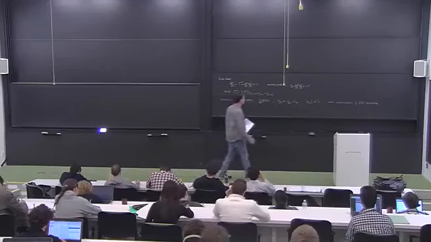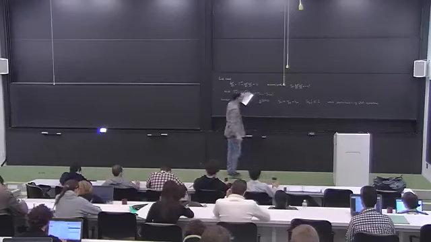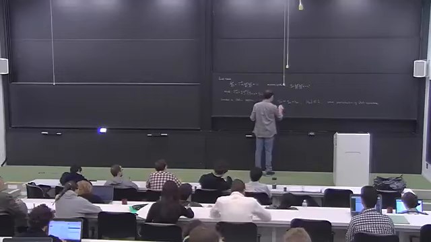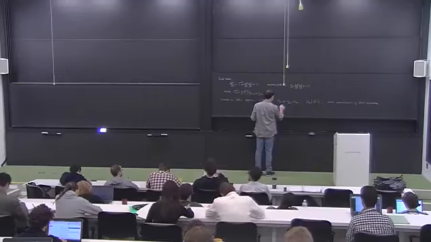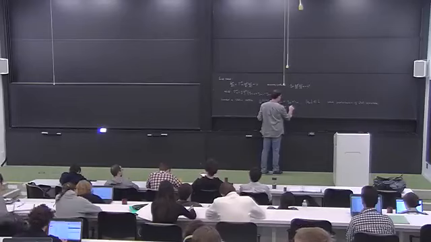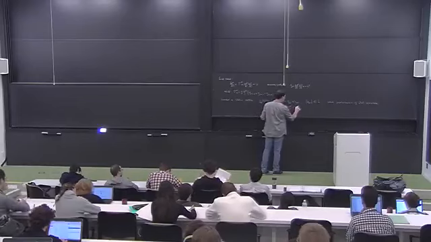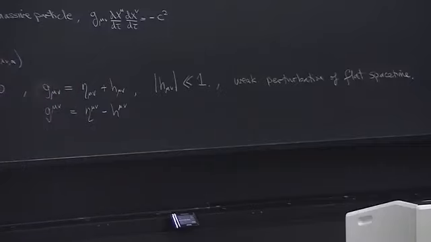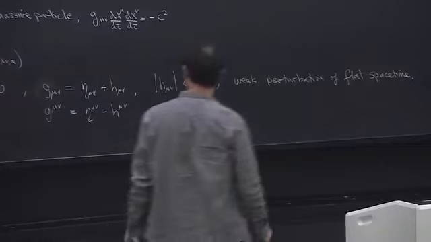It follows from this, we're going to need the inverse metric as well in this formula. And it follows from this that the inverse of the metric is eta with upstairs indices minus h with upstairs indices. What does h with upstairs indices mean?